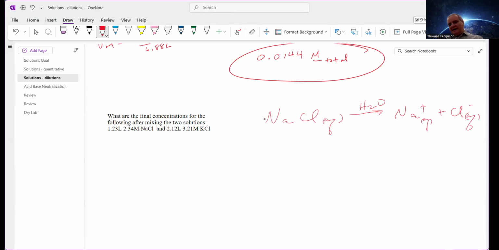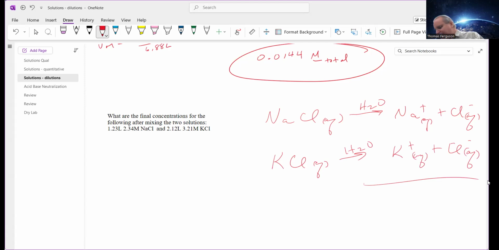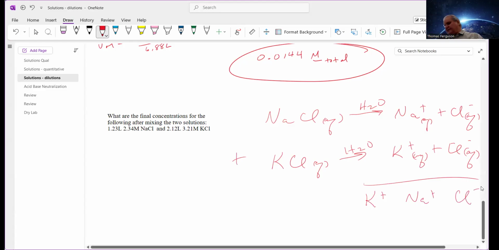Now, with the potassium chloride in water, so when we put those together, we've got potassium ions in there, sodium ions in there, and chloride ions in there.